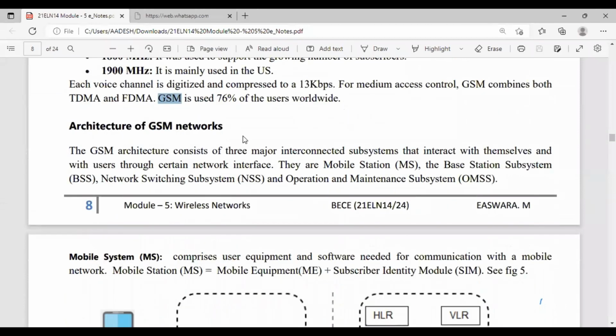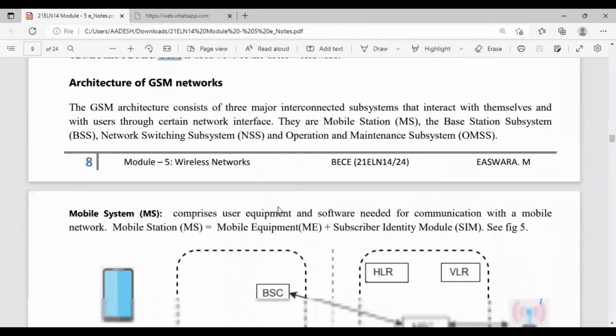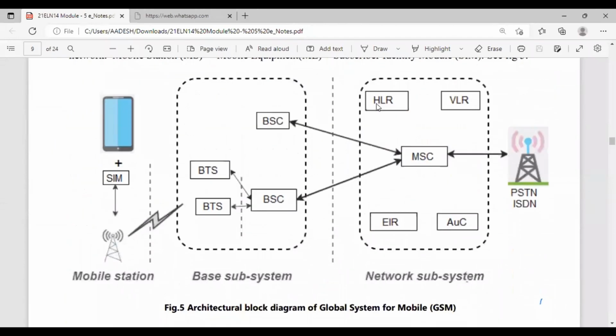So what would the architecture of the GSM network look like? This is the main network. In the network, above we have a network subsystem, and in between the mobile user and this network subsystem we have a base subsystem, right?